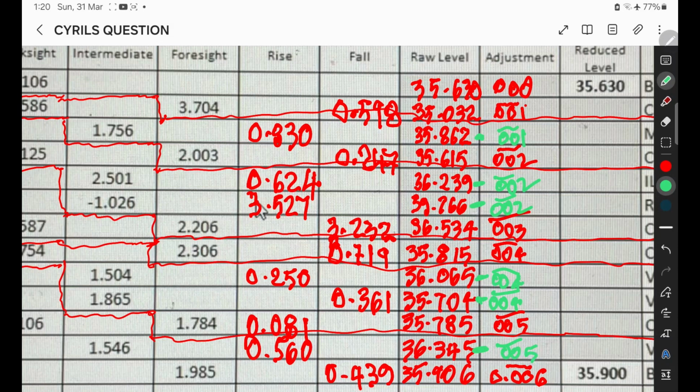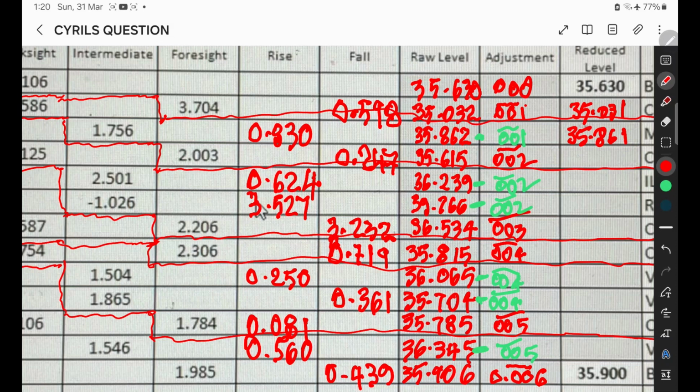And then we just draw them in across. So this will be 35.031. And that'll be in red. 35.031. This one will be 35.861.